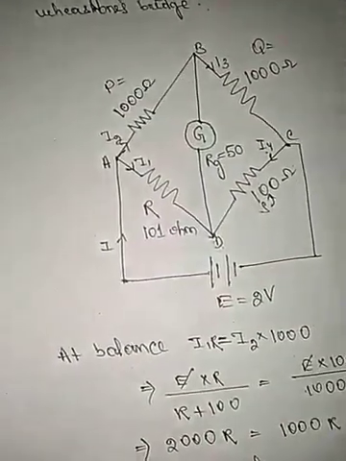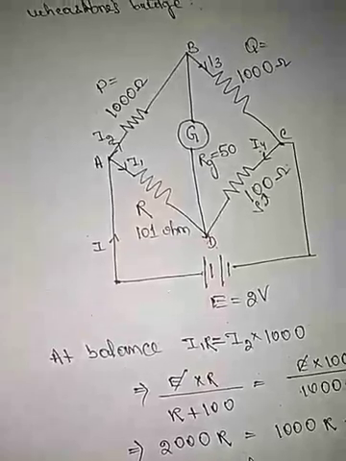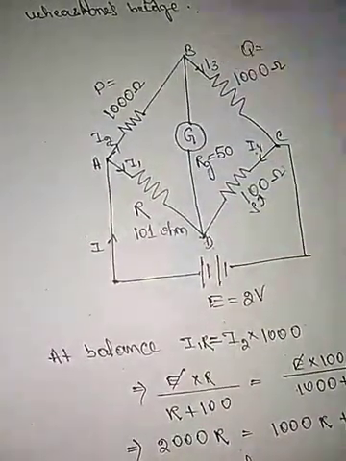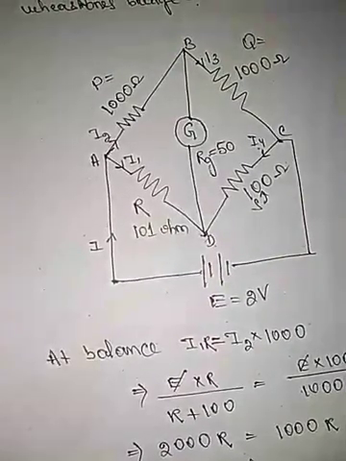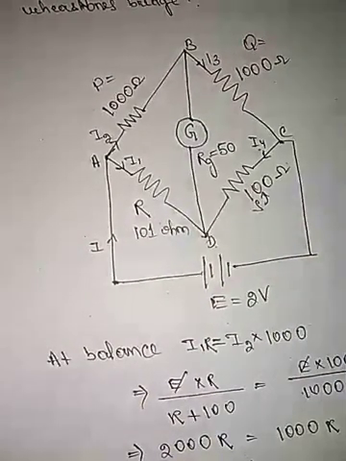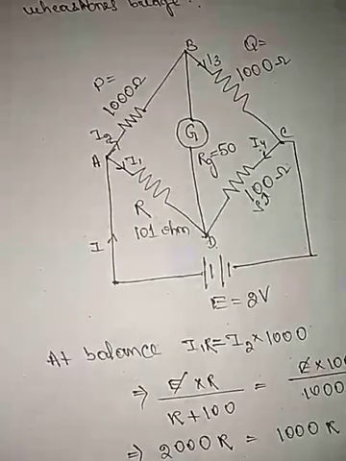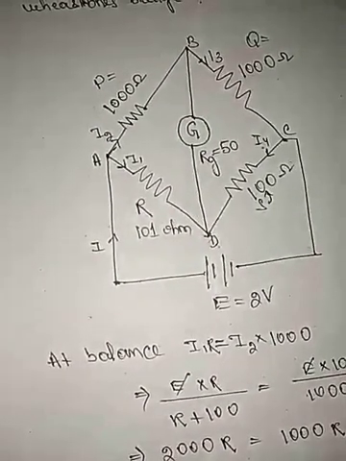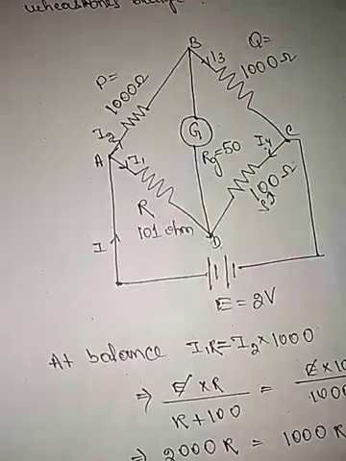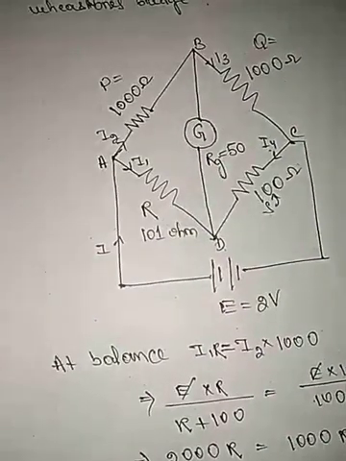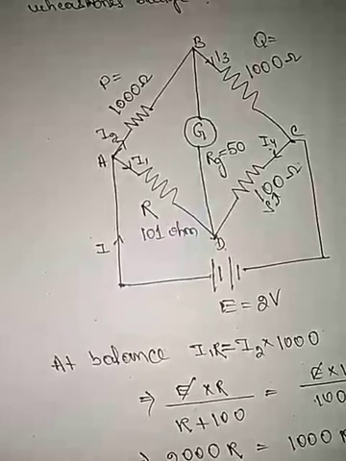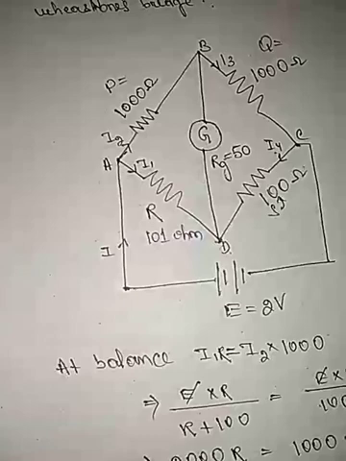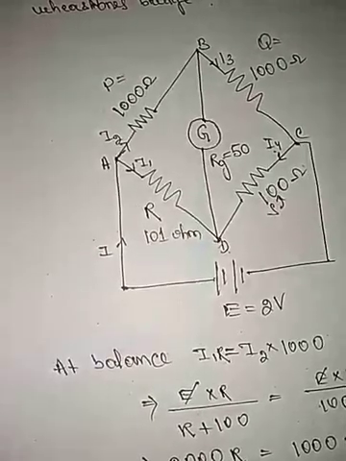For finding RTH, the internal resistance of this Wheatstone bridge, you short circuit the voltage source. If a current source is there, you open circuit it, and by looking from the open circuit terminal, that is the load circuit terminal, you find RTH.